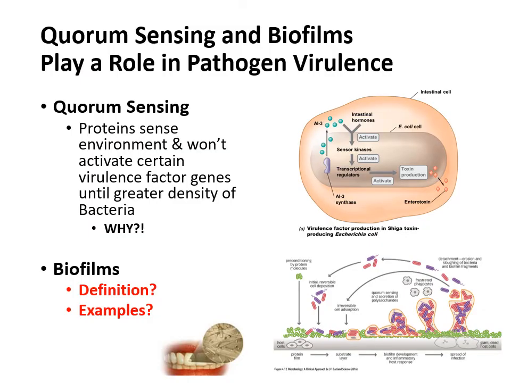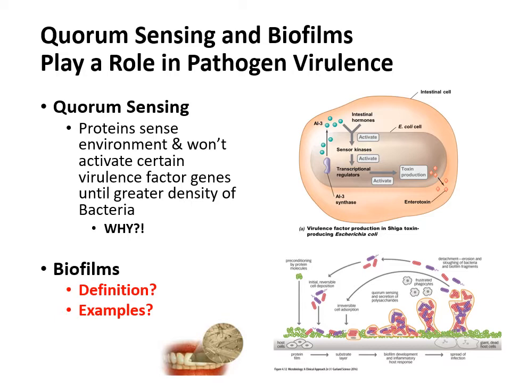Now, the last thing that I want to mention over here is the idea of quorum sensing and biofilms. Okay, both of these play a role in pathogen virulence, being that quorum sensing, if you picture this, is proteins basically will not be activated and released unless the bacteria assesses the population around it and determines, hey, I have a lot of my buddies around, so now let me activate these genes and produce these proteins and these virulence factors.